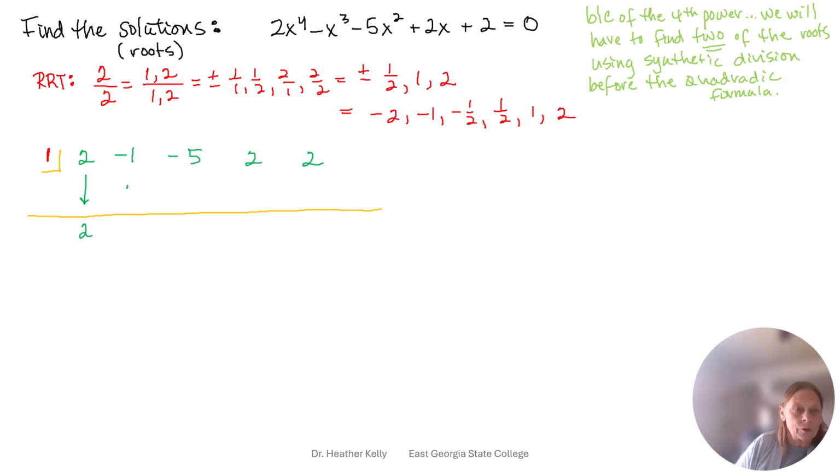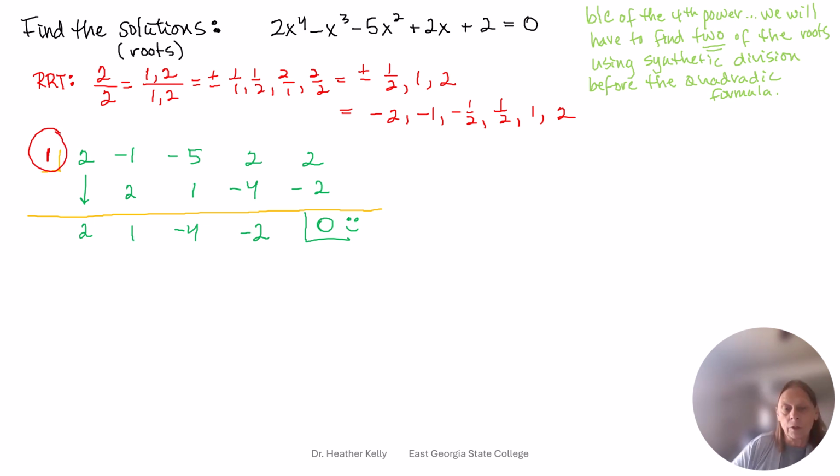One times 2 is 2, -1 plus 2 is 1. 1 times 1 is 1, -5 plus 1 is -4. 1 times -4 is -4. 2 minus 4 is -2. 1 times -2 is -2. 0. Awesome.